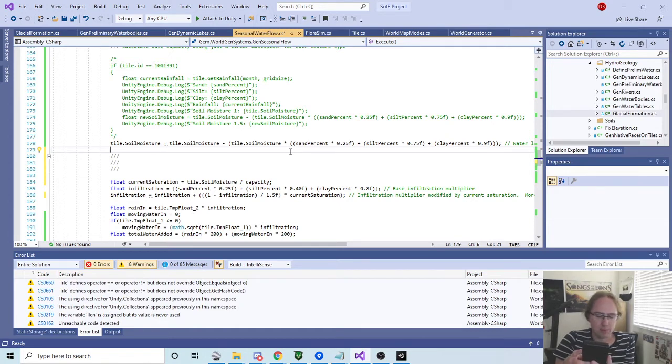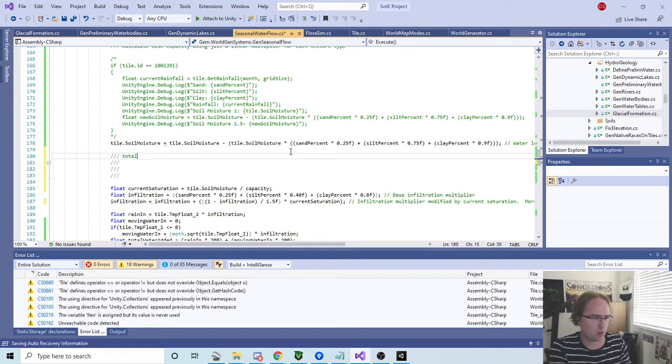Let's see, what's our sand percent? 4509. 3327. 1299. Alright, so our total soil material is 9135.